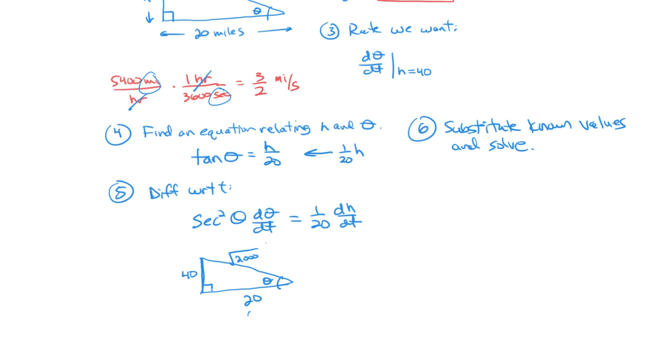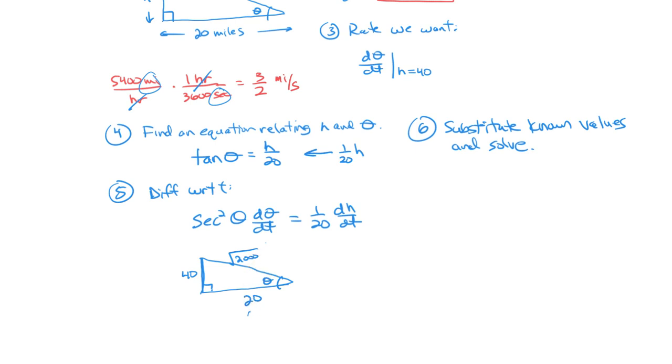So if I plug this in, cosine of theta is adjacent over hypotenuse. So cosine theta is 20 over the square root of 2,000. Right, which means that secant theta is just the reciprocal of that, but we need to square it. So if I find cosine squared and then flip it, cosine squared is 400 over 2,000, because I square these, and I flip it so I get 2,000 over 400.